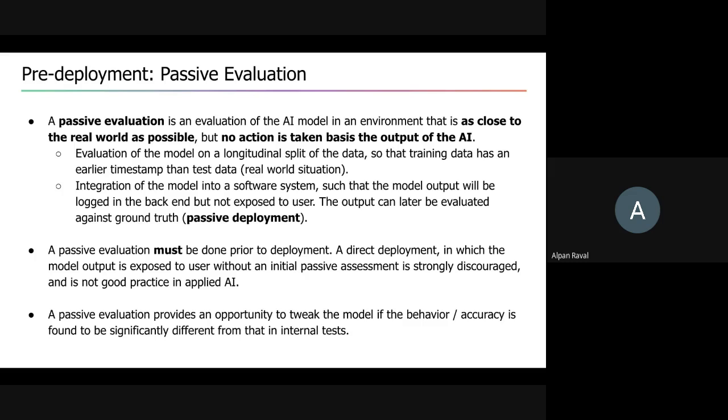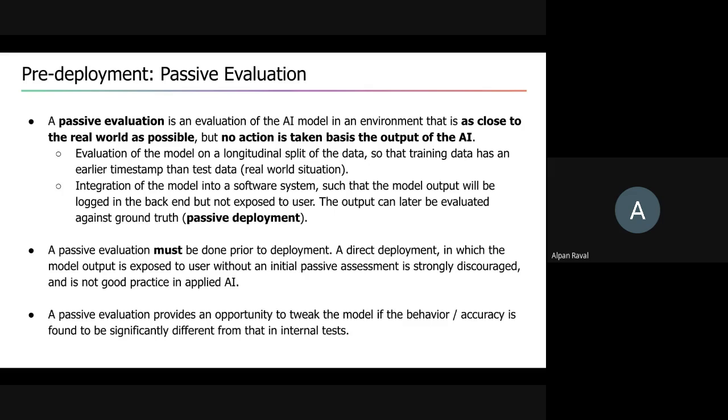The reason this is useful is because it corresponds to a real world situation. When you deploy an AI model, it will always have been trained on data from the past and applied to data in the future. So the real world situation comes close to a longitudinal split, and this is why we want to evaluate the model in the context of a longitudinal split.